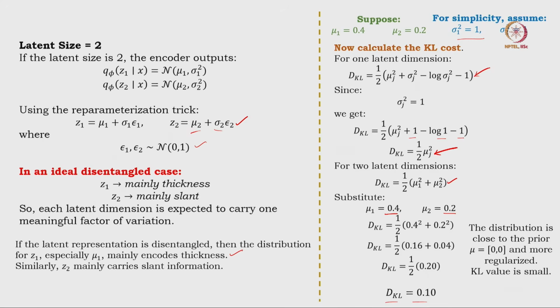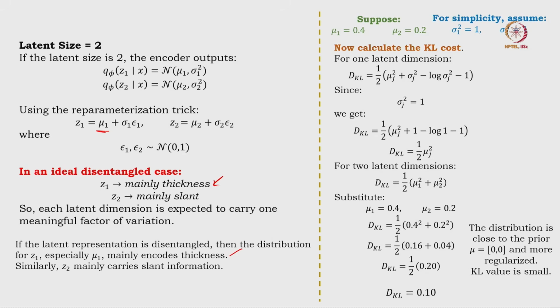Here we need to understand how it is ensuring that Z is focusing on only one variation, which is thickness. Is it not that Z1 is obtained from mean 1? If Z1 has to focus only on this, mean 1 also should focus only on this, mainly encoding thickness.